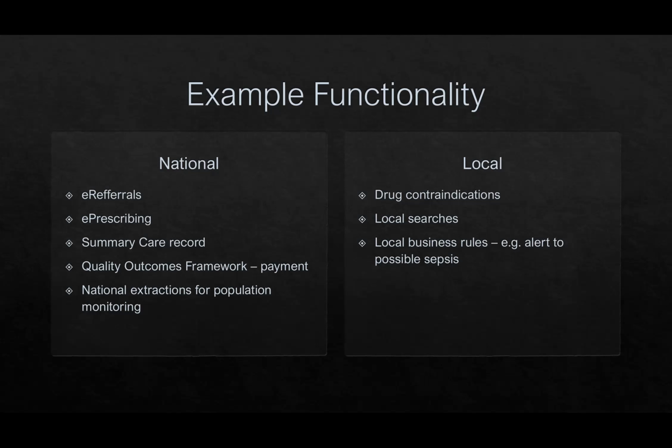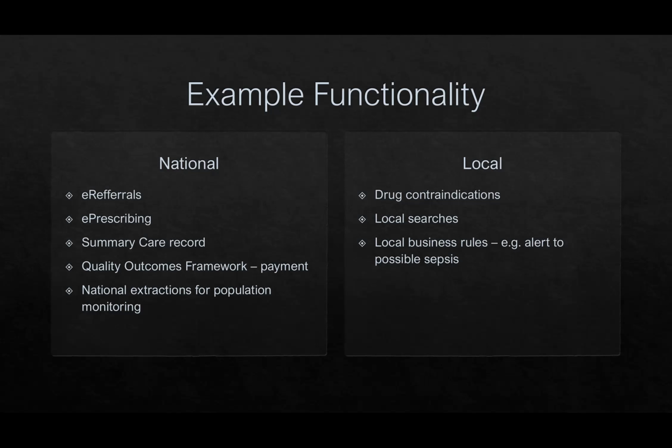That extraction is done based on SNOMED codes. We issue a national subset for the summary care record, and if those codes are anywhere in that patient's record, that data gets pulled up onto the summary care record. I've already mentioned that our Quality Outcomes Framework, our payment system, has its queries in SNOMED.